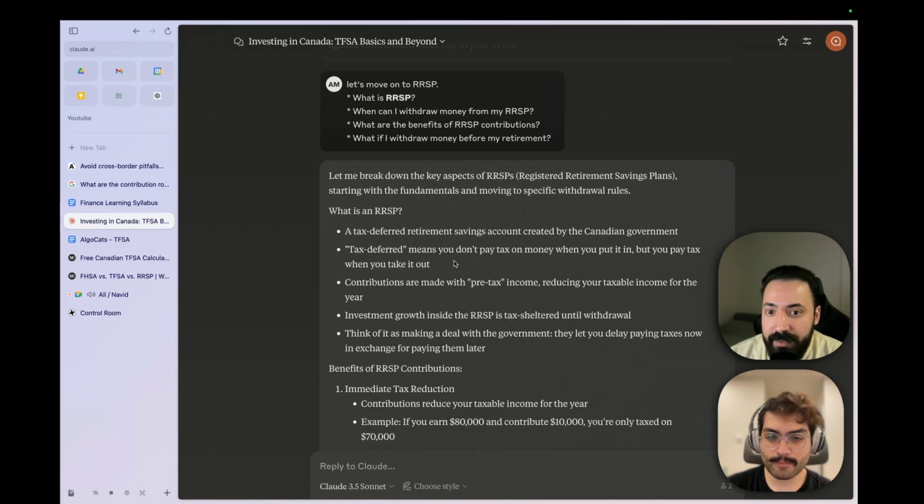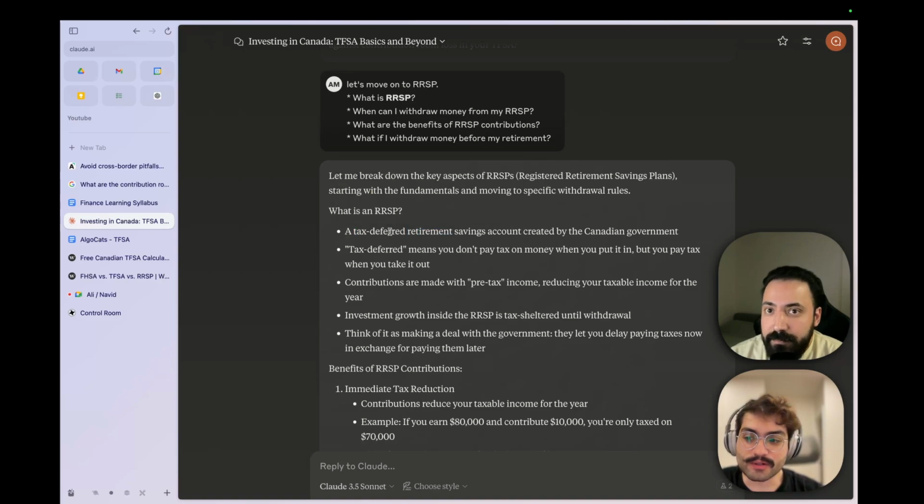Unlike TFSA, which is tax sheltered, RRSP is tax deferred. And tax deferred is different than tax sheltered. Let's see what Claude is trying to describe, and then I'm gonna jump in and try to describe more about it. Sure. Okay, so tax deferred.